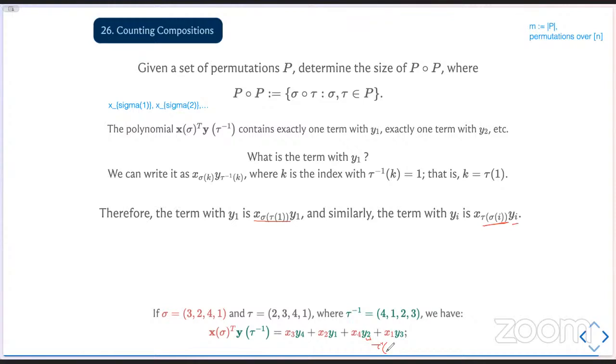But then when you go to yi, it becomes tau of sigma of i. Oh, no, sorry. I think I may have swapped those when I was writing this out. I think it's supposed to be exactly the same. So that should be, I think the tau is inside, the sigma is outside. Thank you.